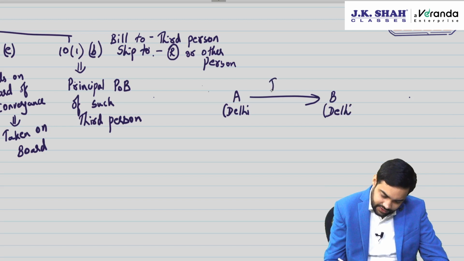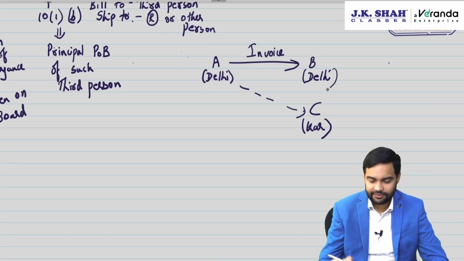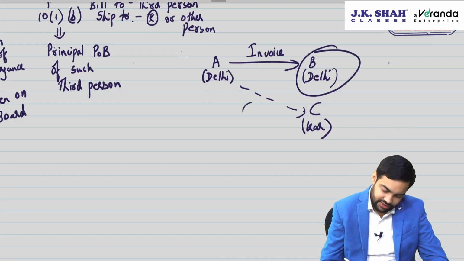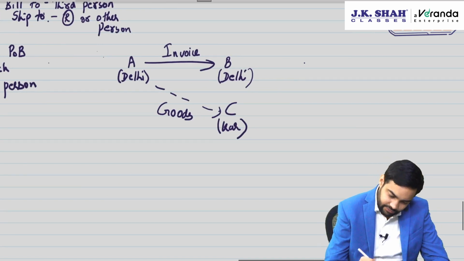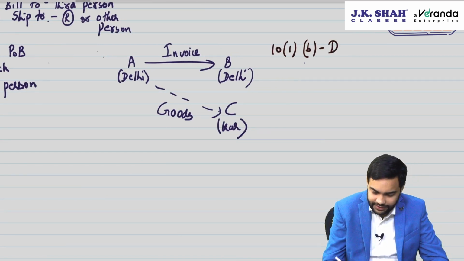Invoice is issued here, and the goods are delivered to C, who is in Karnataka. What will be the place of supply? Sir, the third person who has ordered, so the place of supply should be Delhi, sir. Now, as per 10.1b, it will be Delhi.